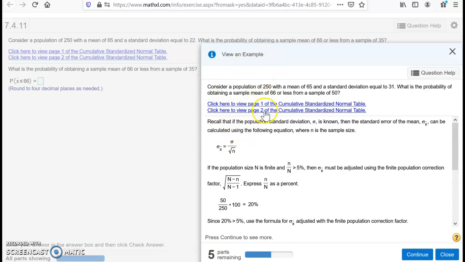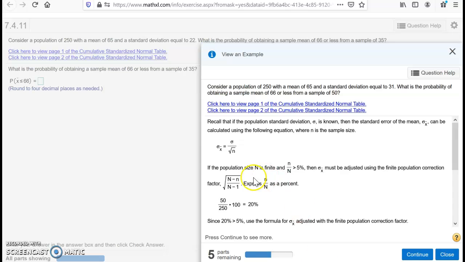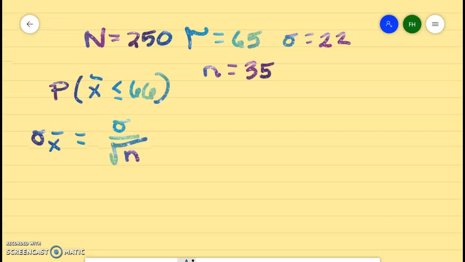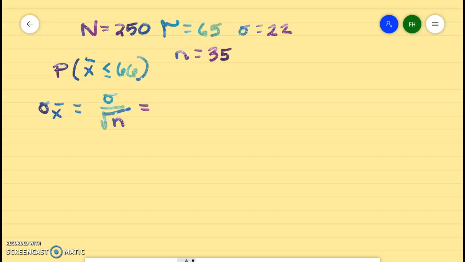If you look at the example, when we know the population standard deviation, then we can calculate the standard error of the mean, which is the standard deviation divided by the square root of n.